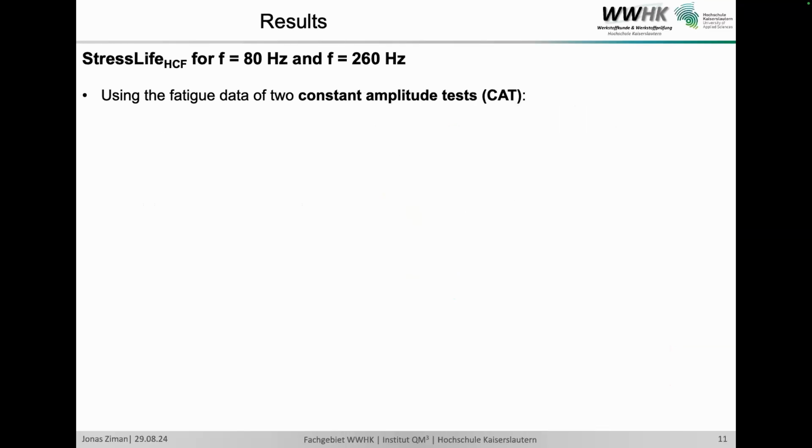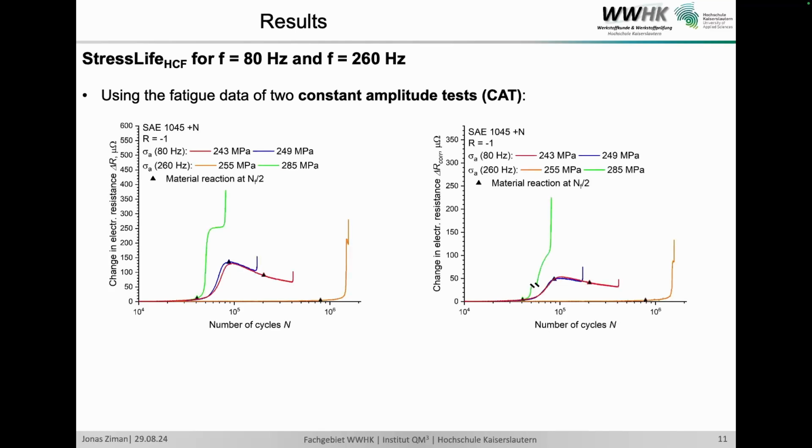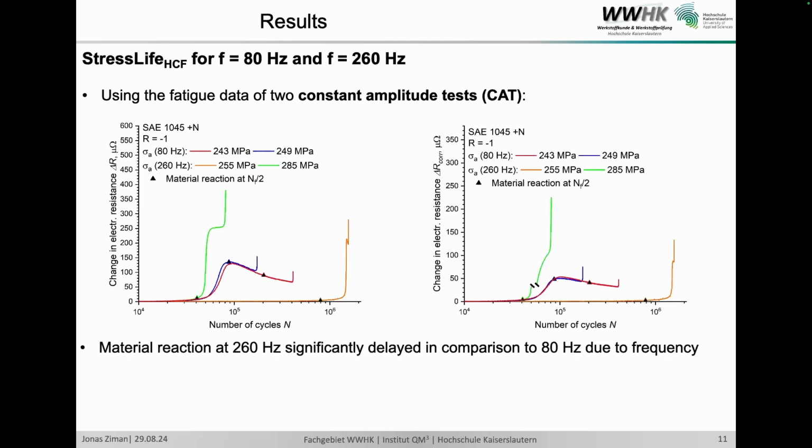We also use the data of 2 constant amplitude tests per test frequency. So here are the cyclic deformation curves based on the directly measured electrical resistance and the temperature-corrected electrical resistance. We can see here that the incubation interval, so the material response, for 260 Hertz is significantly delayed in comparison to the 80 Hertz tests.